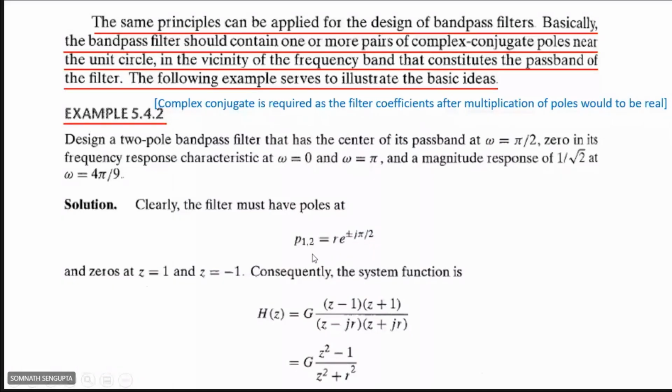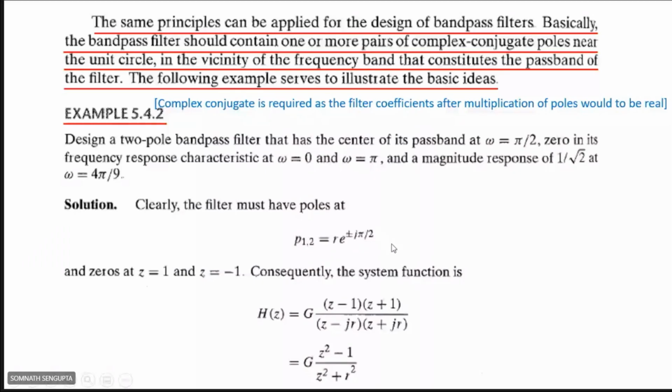So in place of omega we write pi by 2. So we get 2 poles at R e to the power plus minus j pi by 2. Complex conjugate poles should be there. So this is one criteria.